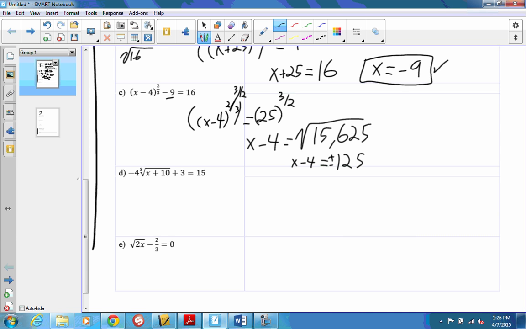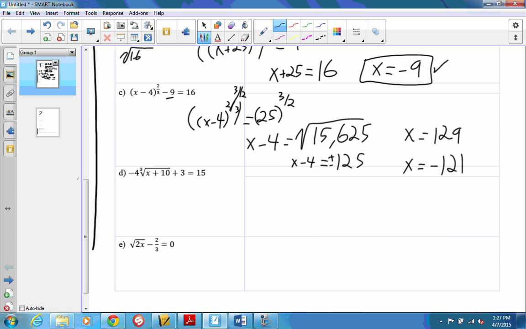It won't hurt, but you don't need to. But with equations, equal sign, square roots always become plus or minus. So then I'm going to add 4 to both, positive 125 and negative 125. Positive 125 plus 4 is 129. Negative 125 plus 4 is negative 121.